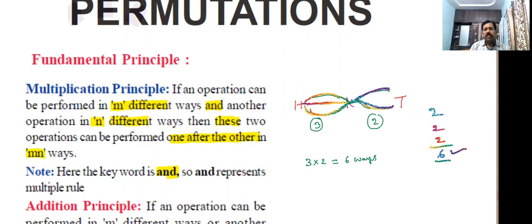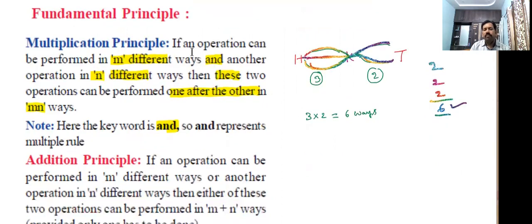Now I am going to discuss one more example. One person has three shirts and three trousers. Now he wants to select one pair. Pair means one shirt and one trouser is a pair.